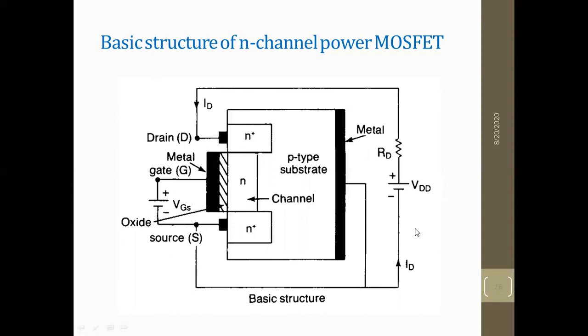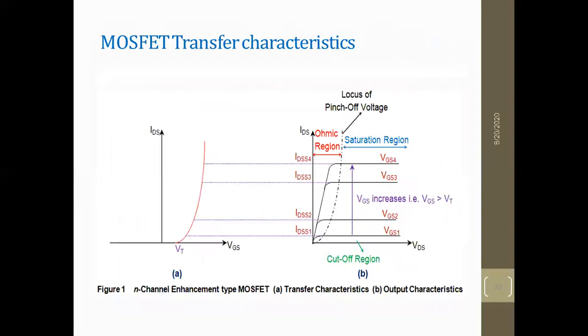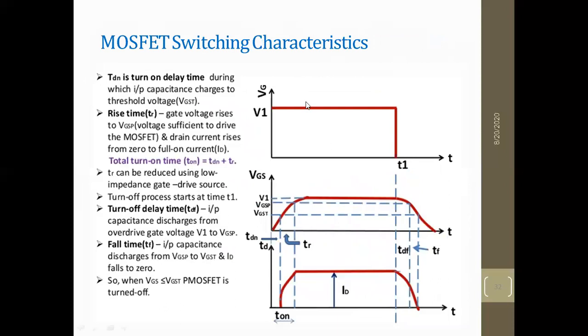Here, the switching characteristics of the MOSFET show the applied voltage V1 with respect to time period T1, and Vc is the gate voltage, which is positive. This is the VGS, the gate to source voltage, and this is the ID value, the drain current we are observing.